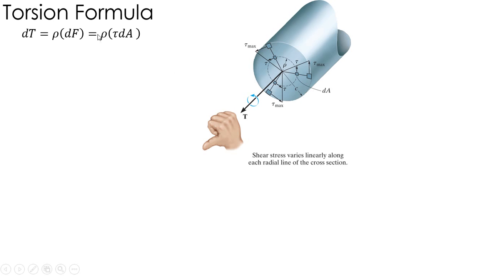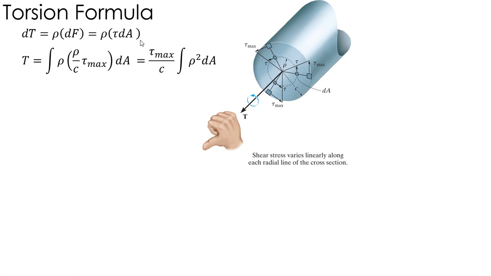The torque on that is the distance times the force, so it's going to be the radial distance rho times some dF, some infinitesimal force acting across that. The definition of shear stress is dF over dA. So plugging in tau dA for dF, I get that the torque is rho tau dA.